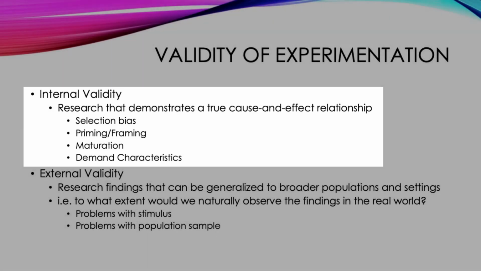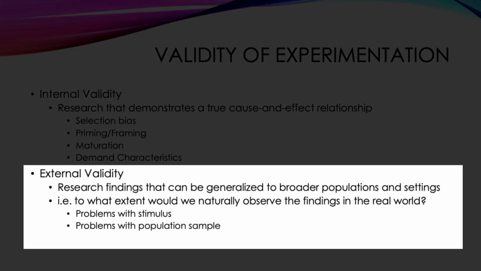External validity, on the other hand, refers to the extent to which we can generalize the findings of our study to broader populations. And this is really important to understand early because it's going to help you understand the essence and nature of statistical inference in its entirety later on in the semester.